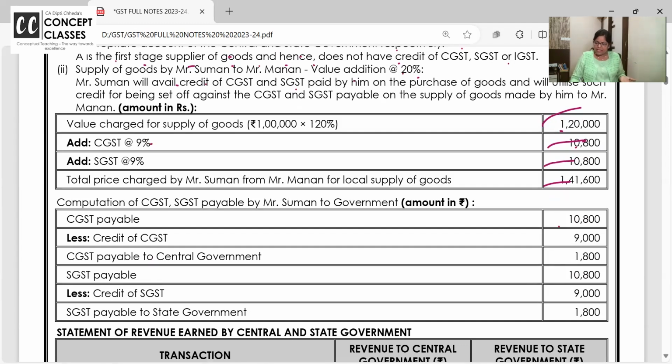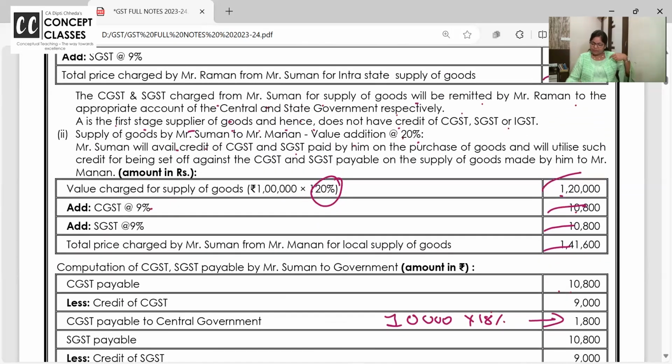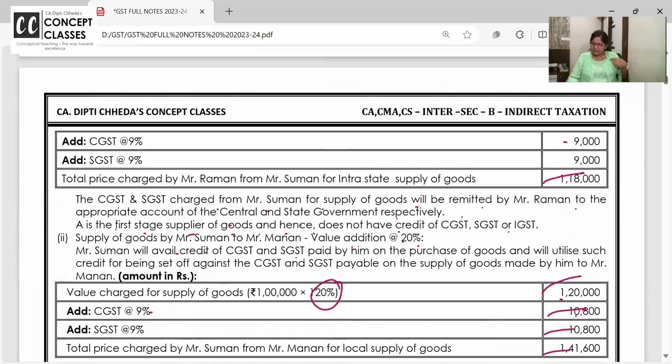And difference is anyhow on 1 lakh 20% addition. So 10,000 CGST add किया है उस पे बराबर 18% value addition. So the second person who's supplying to third person, he's collecting 10,800 and he has already paid 9,000 earlier, right?